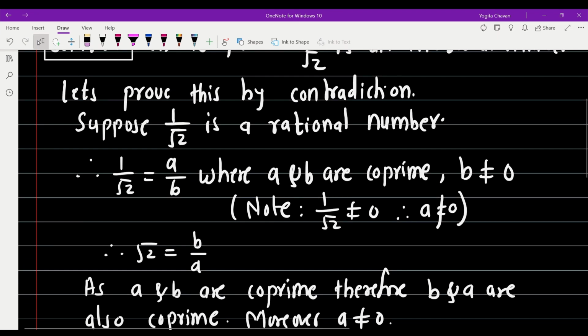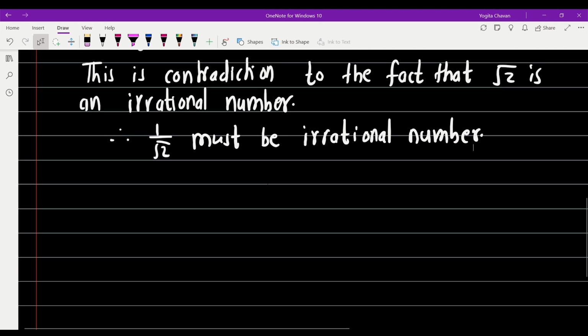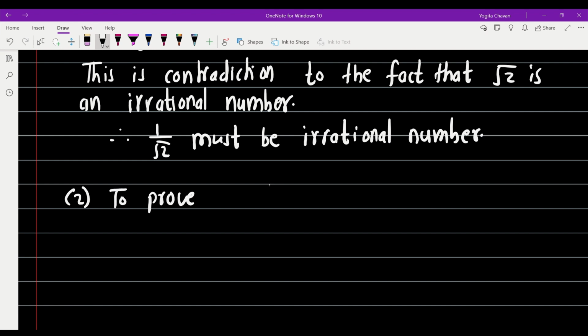Now second example, 6 plus root 2. So number 2, to prove 6 plus root 2 is an irrational number.